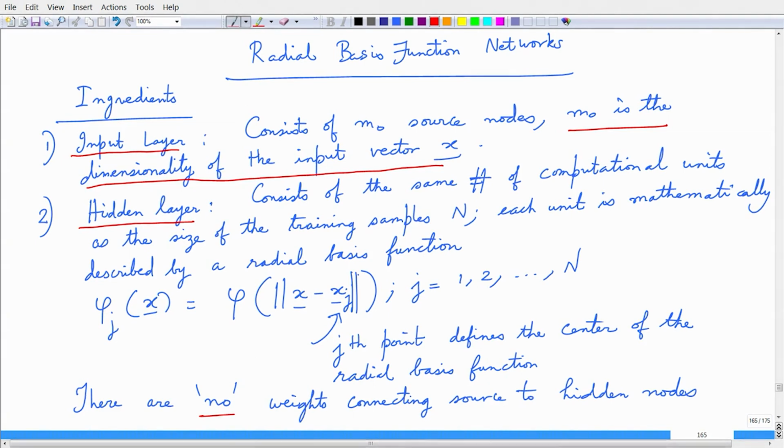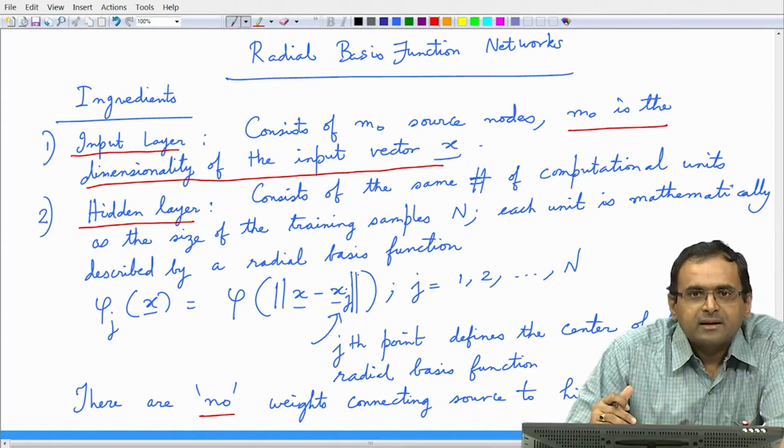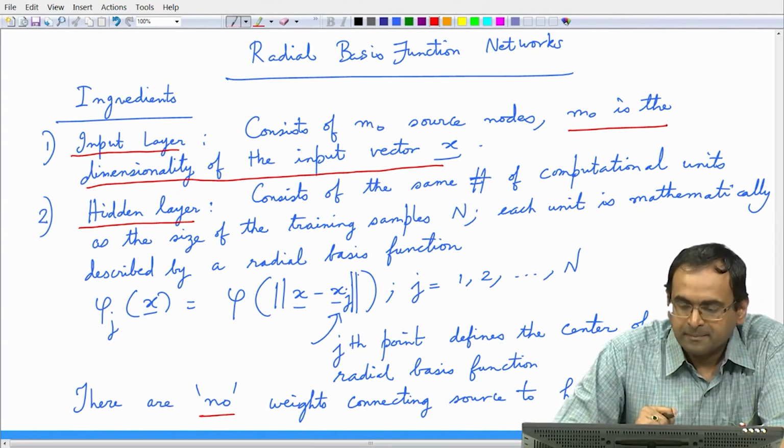In a typical radial basis function network, the number of computational units in the hidden layer is the same as the number of training samples, but this need not be the case because it will be computationally intensive. But let us suppose that this is true and then we will proceed, and then later on we will arrive at a simplification to this step.